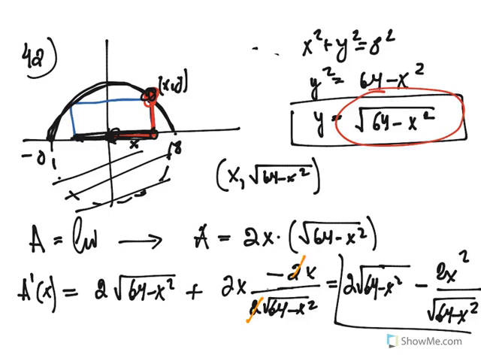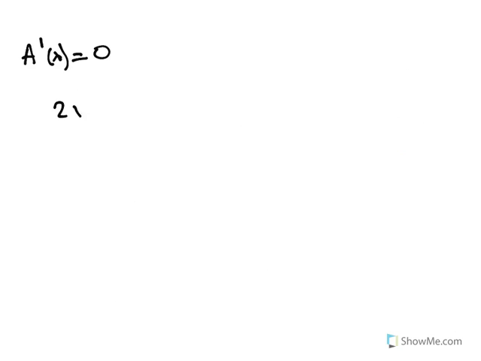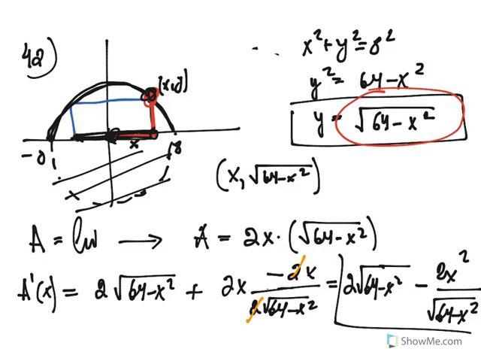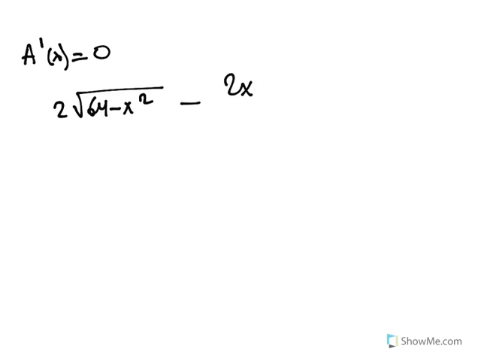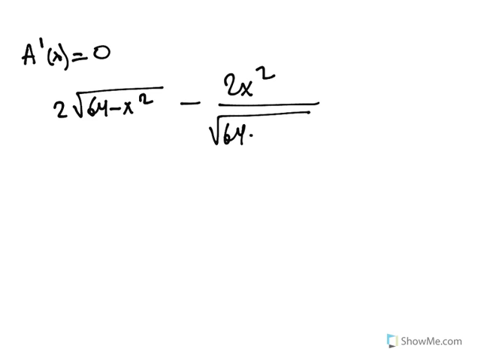Now, what is the maximum possible area? So let's set the derivative equal to 0. So we have 2 square root of 64 minus x squared minus 2x squared over the square root of 64 minus x squared equals 0.